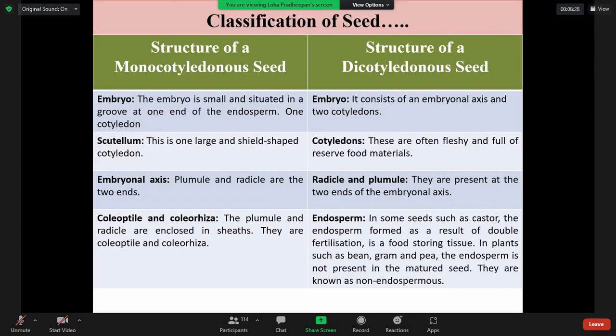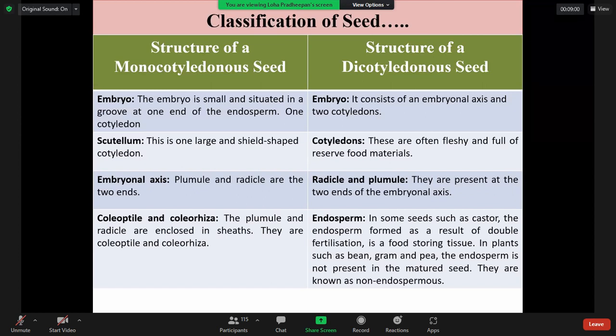Even if you look into the embryo, in monocot, the embryo is small, located in a groove at one end of the endosperm, and it has one cotyledon. In dicot plants, it consists of an embryonal axis and has two cotyledons. The scutellum is the one large, shield-shaped cotyledon we see in monocot, so that is called the scutellum.